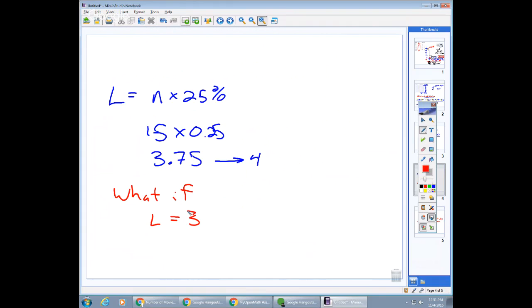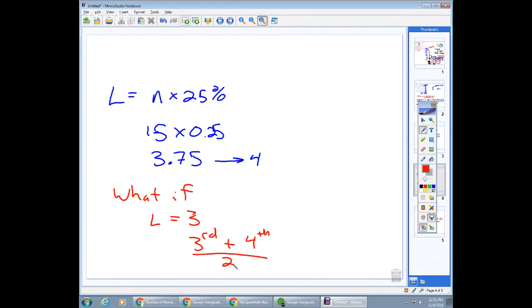Locator method says take that number, add it to the next number, in this case the 4th number, and average them. So if the locator comes out to be a decimal, you always go to the next highest whole number. If the locator turns out to be a whole number, then you take that position and the next position and you average them.